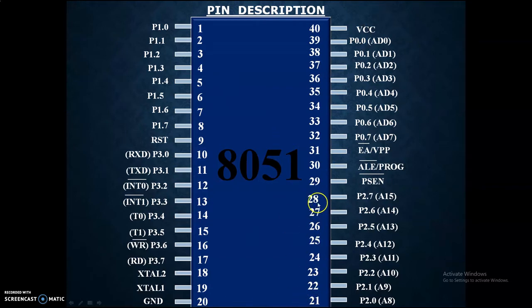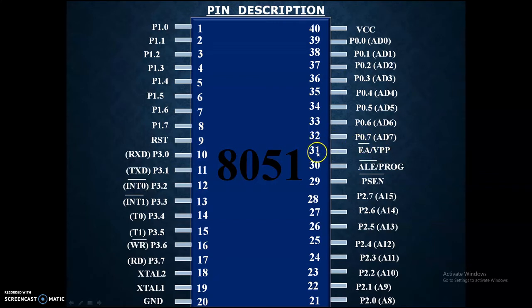Pin number 21 to 28 represents port 2, and this is very significant: A8 to A15, that means the higher 8 bits of the address, are denoted by this P2 port. Pin number 29 is PSEN bar, the complement. Pin number 30 is ALE bar slash PROG. Pin number 31 is EA bar slash VPP.